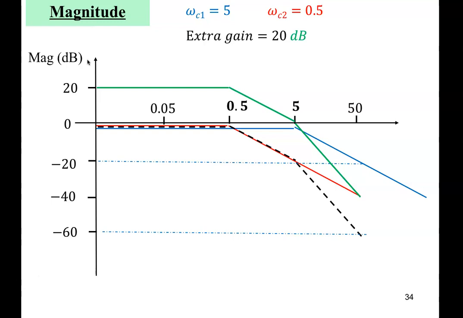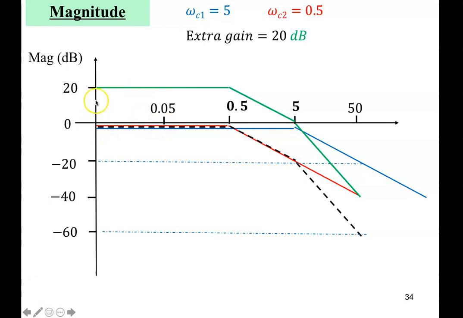The last thing we want to do, the final step, is to add the overall DC gain. The overall DC gain is 20 dB, or m equals 10. So I need to add 20 dB to every frequency on the black line. Basically you are raising the black line by 20 dB.